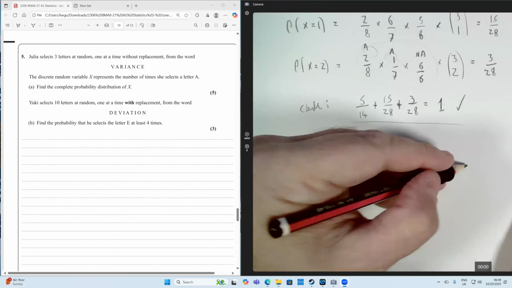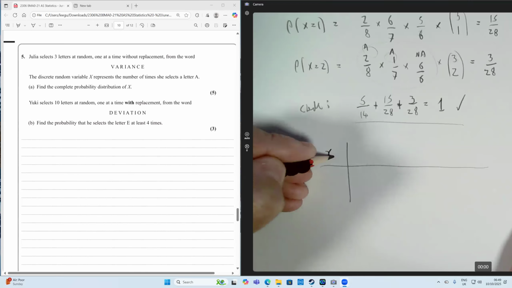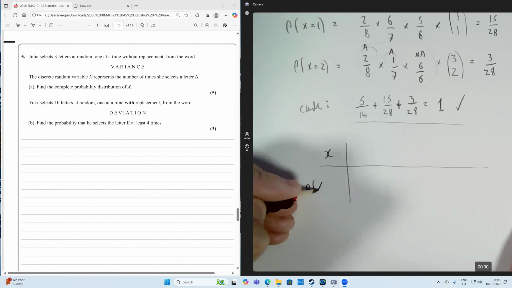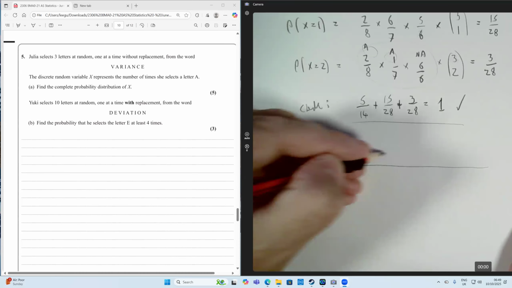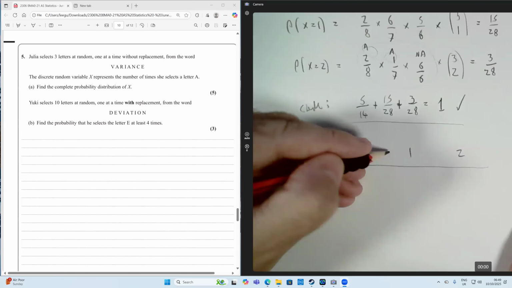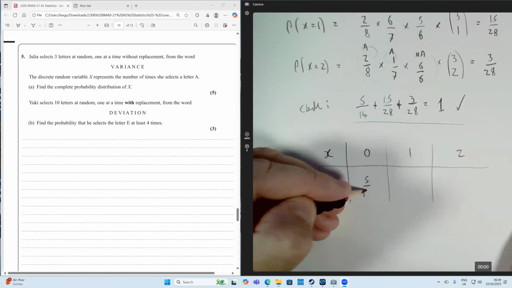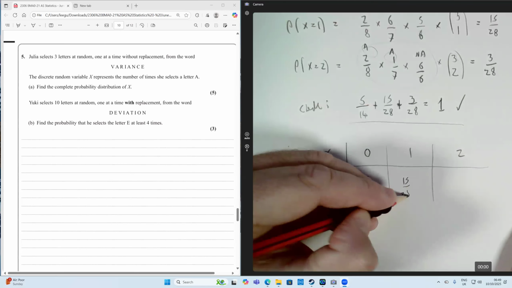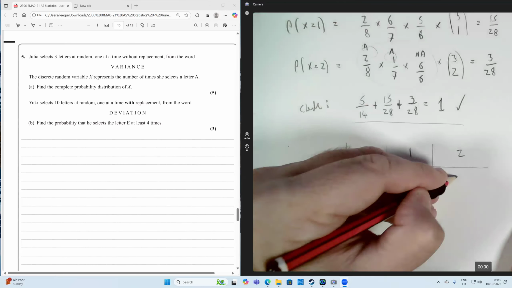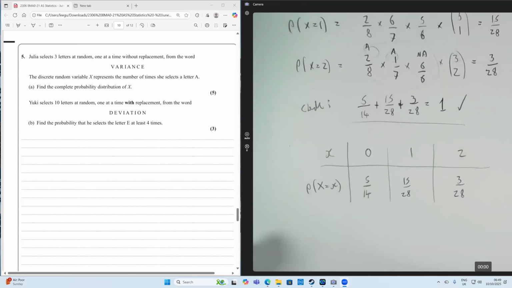So let's write down our complete probability distribution in the way we'd be expected to write it. We've got x is 0, x is 1, x is 2. 0 we've said is 5/14, 1 we've said is 15/28, and 2 we've said is 3/28. So there's our complete probability distribution.